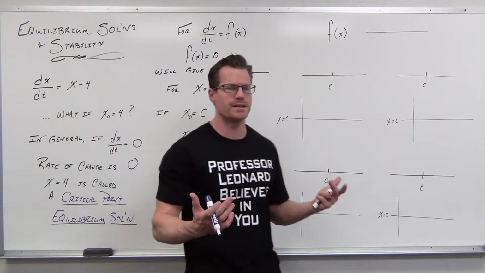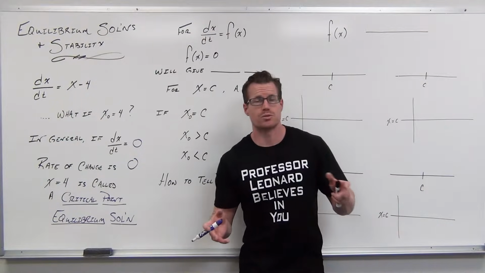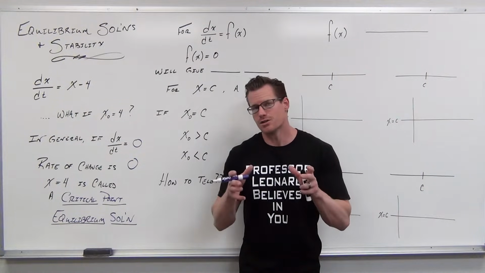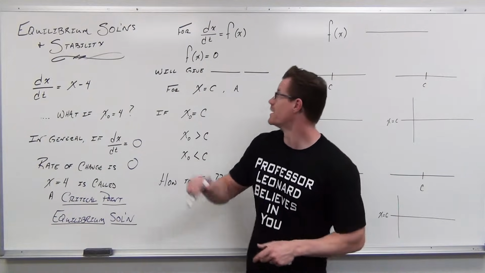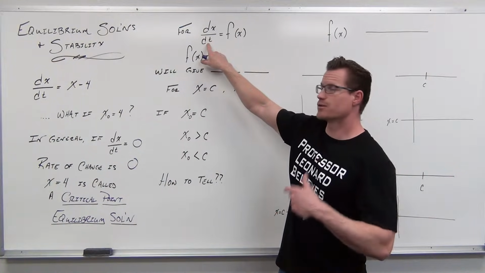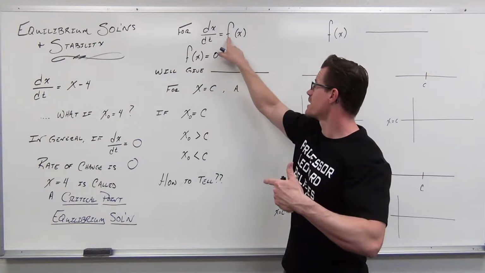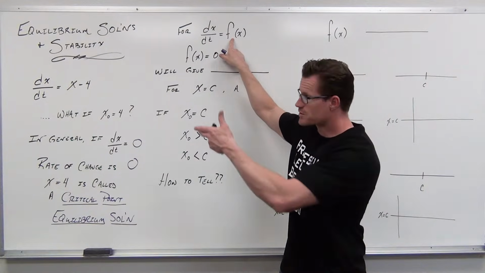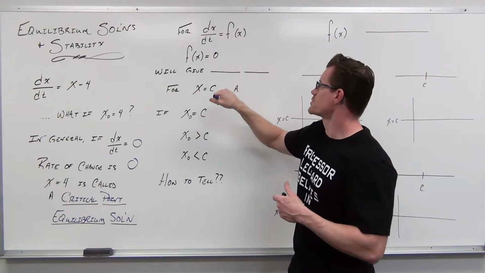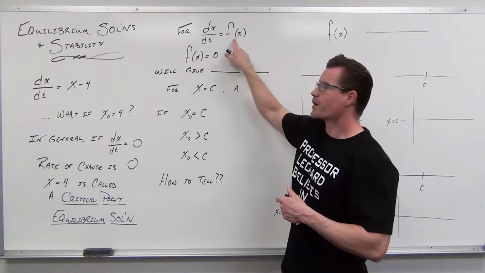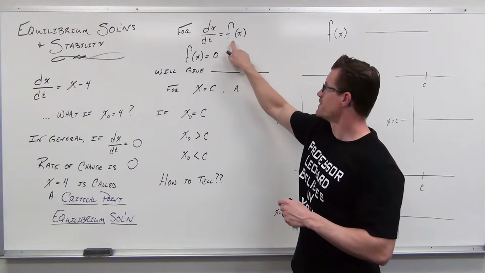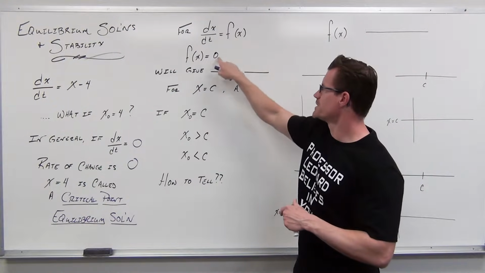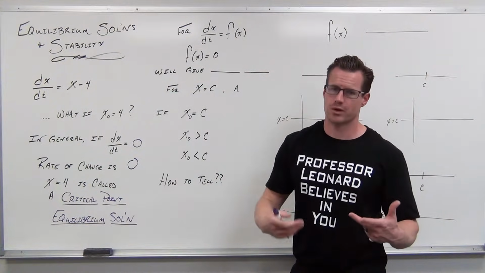So how do we find them? Just like in Calculus 1, it's a very simple idea. Because your dx dt is a derivative, that's fantastic. This is a derivative. So if our dx dt, our derivative of x with respect to time, is some function of x, which is what we have here, then where your derivative equals 0, it's going to give you these critical points.